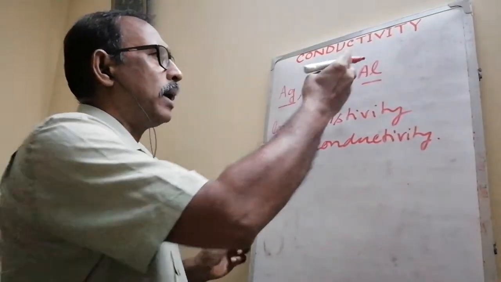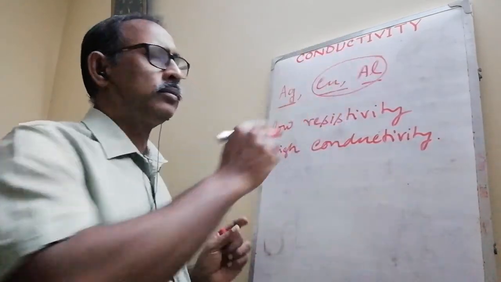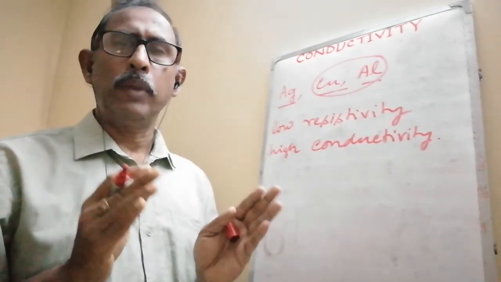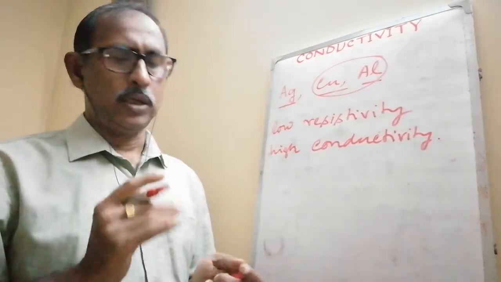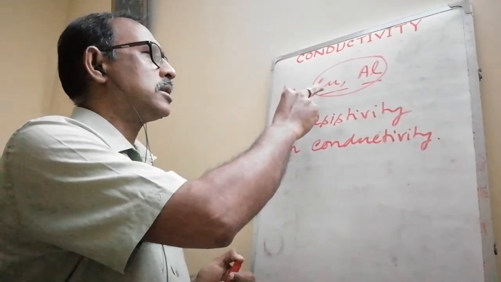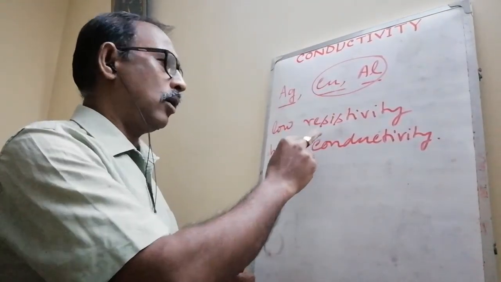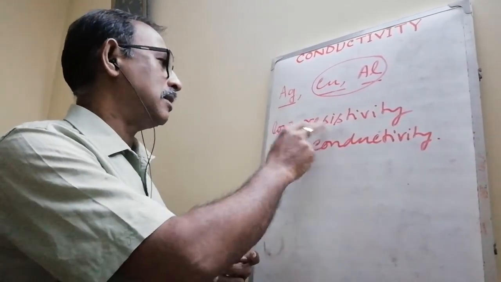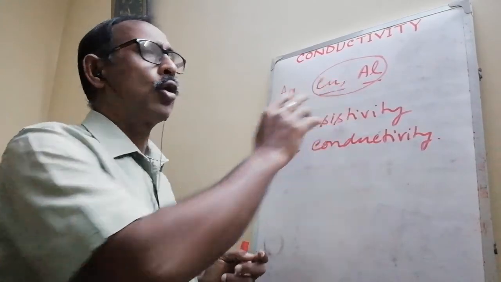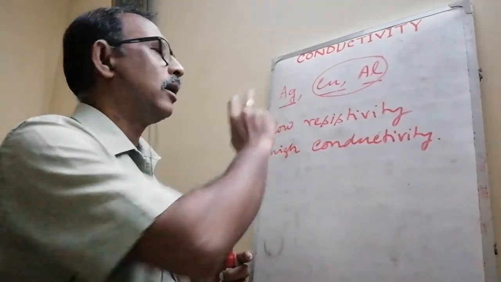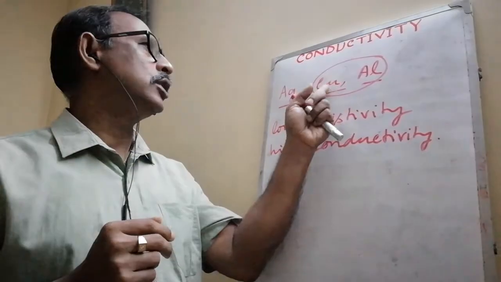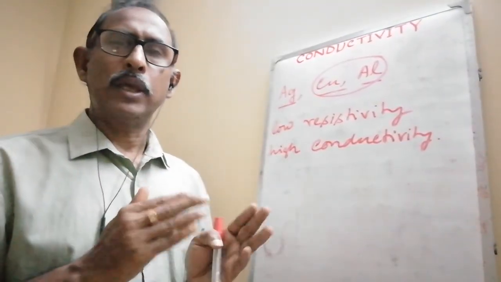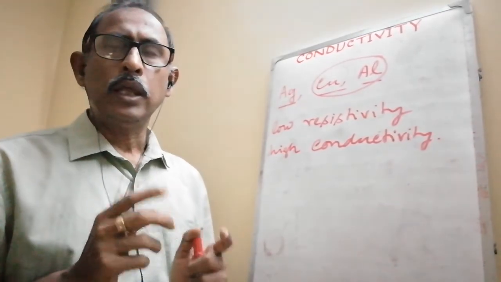But copper and aluminium are used most widely, because they are good conductors of electricity, their conductivity is high and resistivity is low, and they are comparatively cheaper than silver. That is why these two are widely used for making current carrying conductors in our practical life.